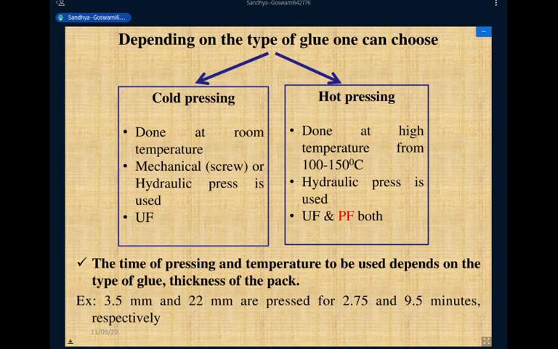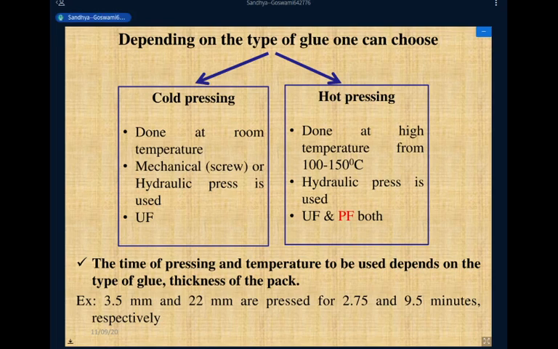Now, on the basis of what type of glue we are using, you can go for either cold pressing or hot pressing. If you are using UF, urea formaldehyde, you can go for either cold pressing or hot pressing.